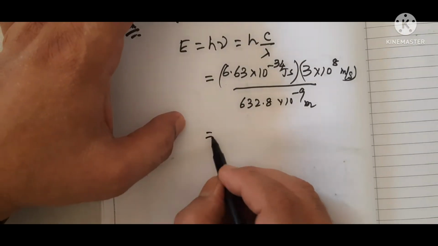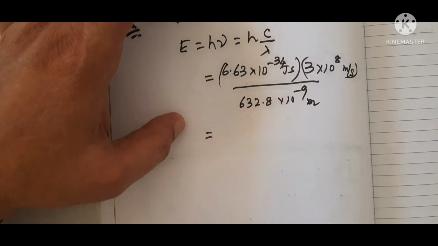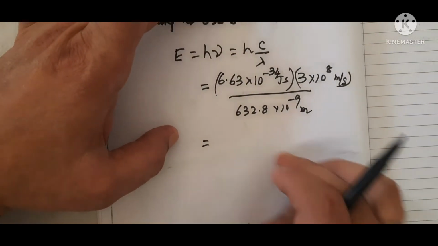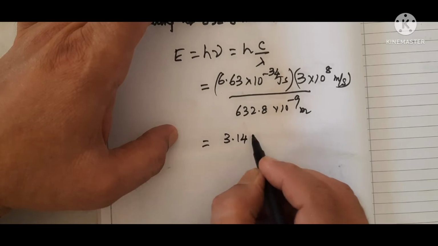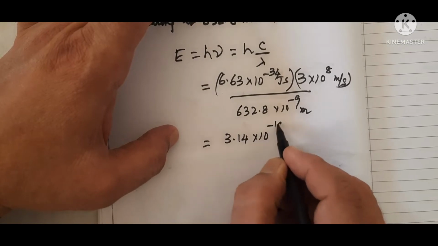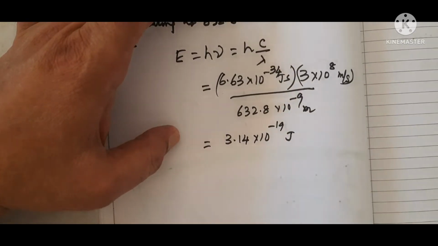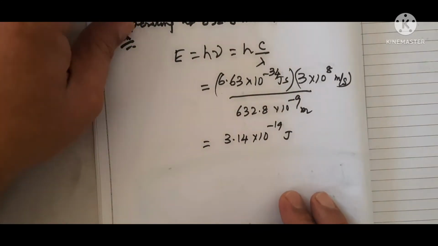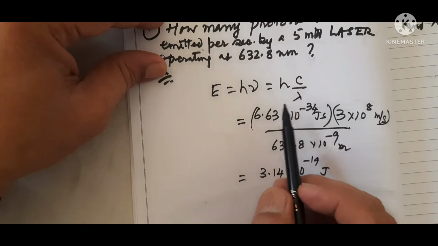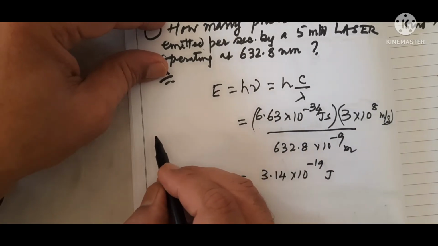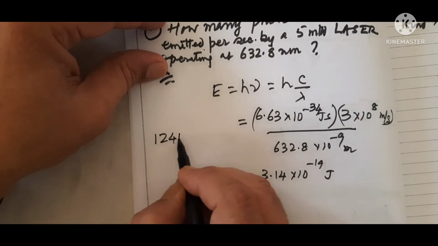So if you are going to calculate, the calculation skill is also required. If you calculate, you will get 3.14 into 10 to the power minus 19 joule. One very important point is there. If you multiply h and c, you can apply directly 1240 nanometer.